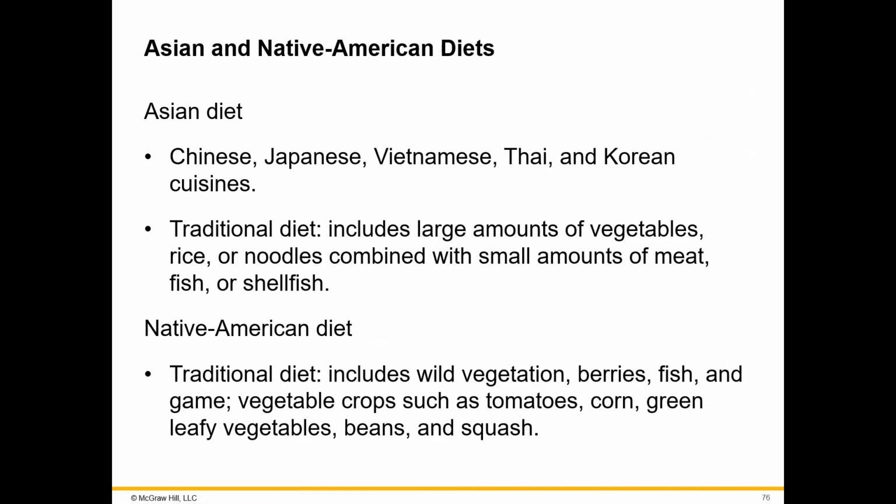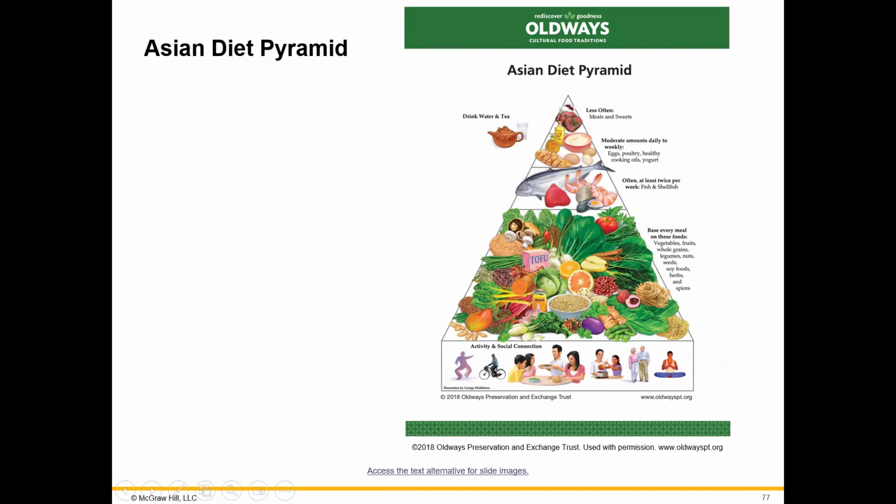Okay, delicious. And then your Asian diets, large amounts of vegetables, meats, shellfish, noodles, and then your Native American diets. There again, your corn crops, your tomatoes, your green leafy vegetables, beans, squashes, fish, wild berries, and so forth.